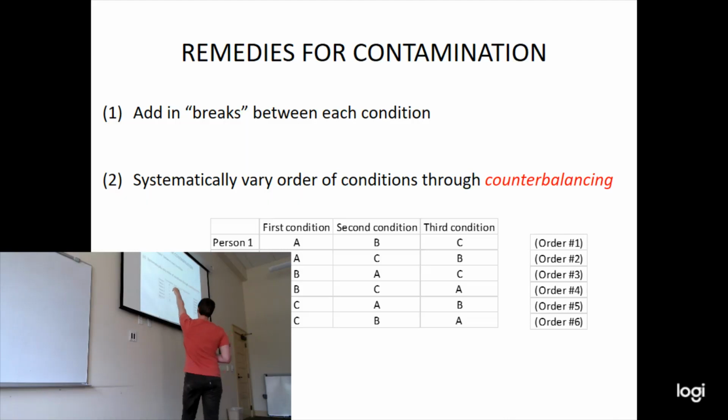So the first person gets condition A first, then B, then C. The next person gets A, then C, then B, and so on, down all possible orderings of conditions. So you're making sure that if there is a contamination effect of A on B, you've got some people who experience a different ordering. This is not perfect either, because if A affects B, well, that's going to happen for any person who experiences A then B.